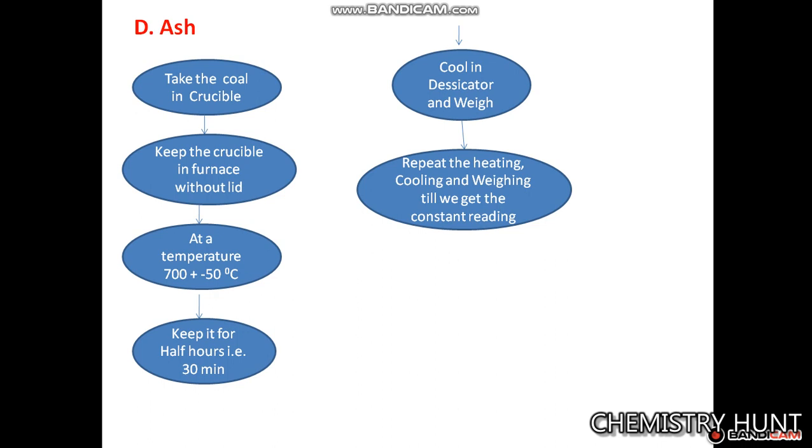Now this heating, cooling, and weighing is repeated till we get the constant reading. The percentage of ash content will be the weight of the ash left upon weight of the coal sample taken into 100. So this is all about the percentage of the ash content.